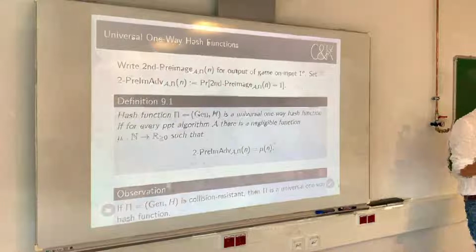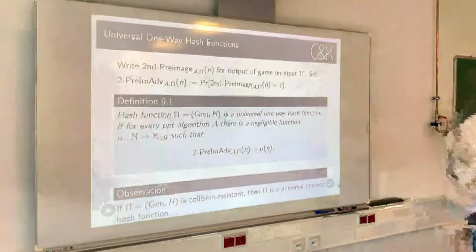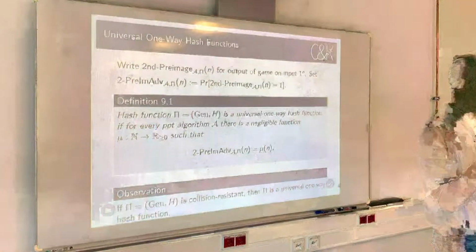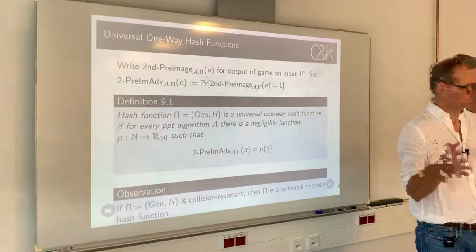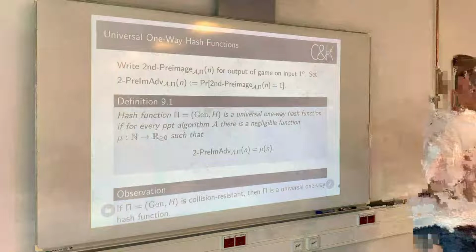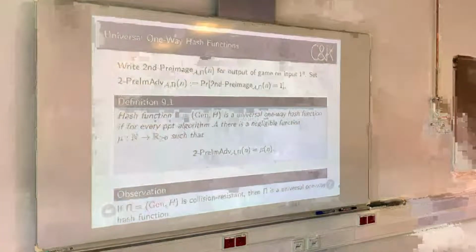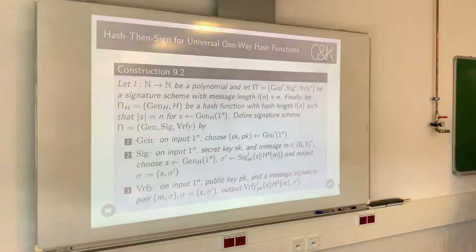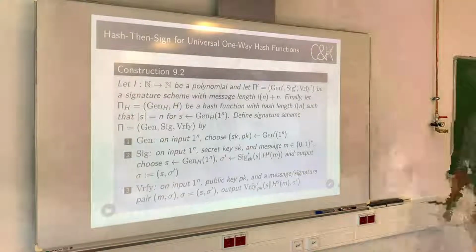The original hash then sign is just hash the message, sign the hashed message. If we do this with one-way hash functions, it's a little bit more complicated how we do this hash then sign paradigm. And here is the construction.